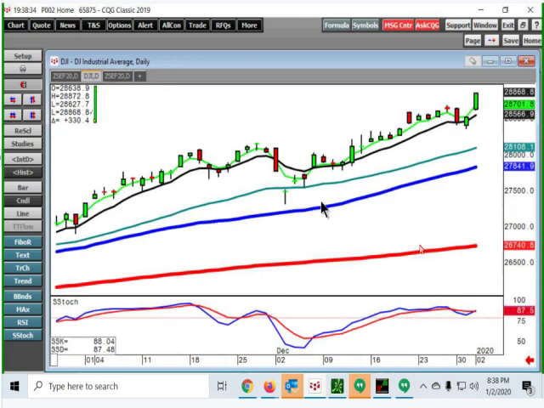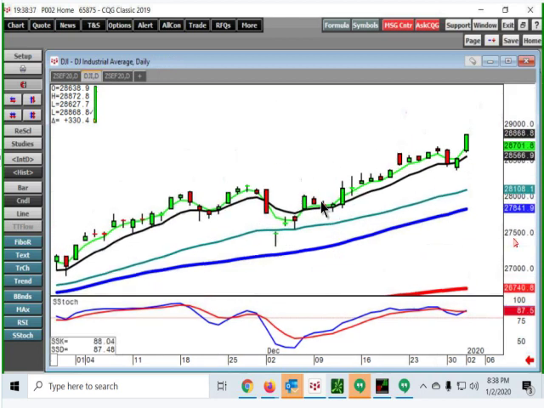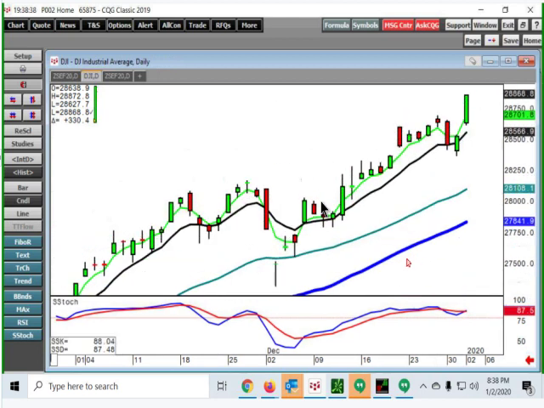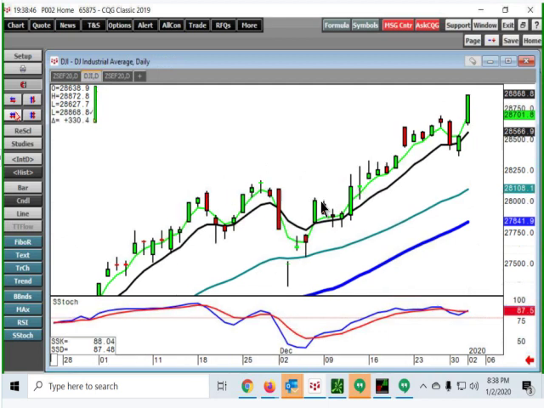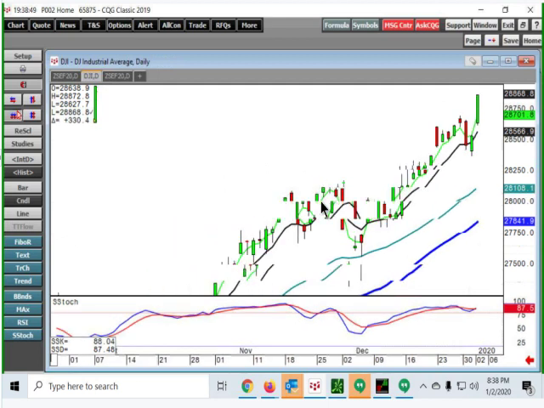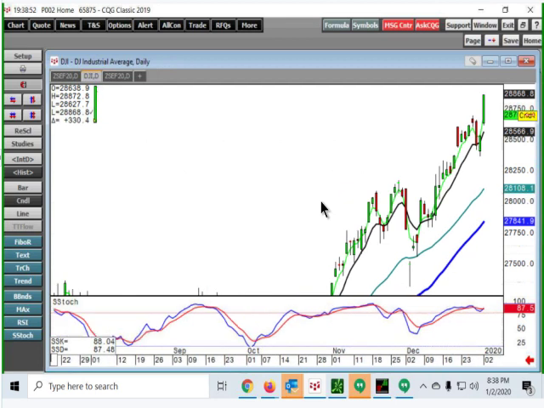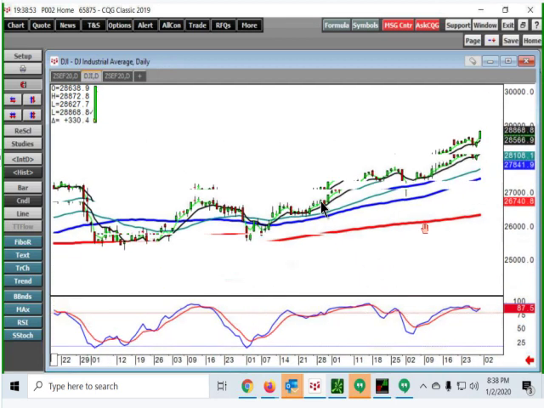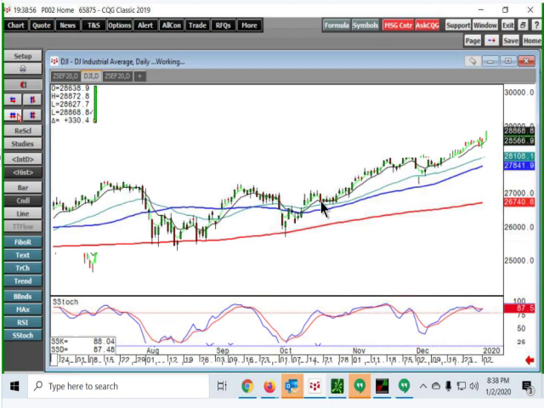We know there's very simple logic to using candlesticks as far as identifying what the investor sentiment is. I may make this much smaller to show you what the long-term analysis would be. Make this even smaller.